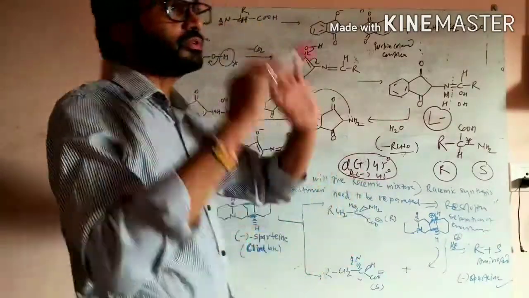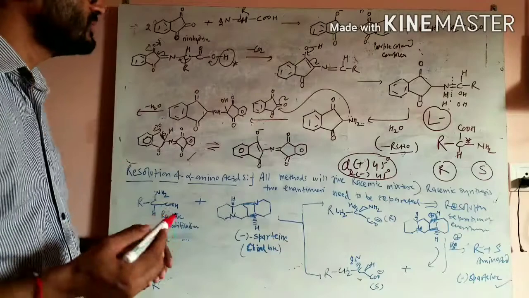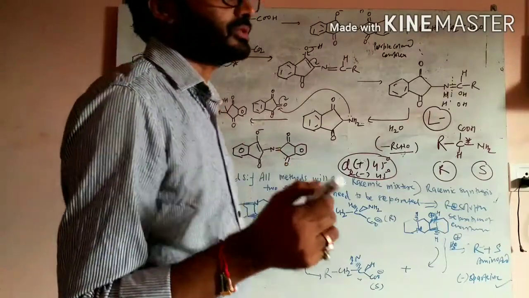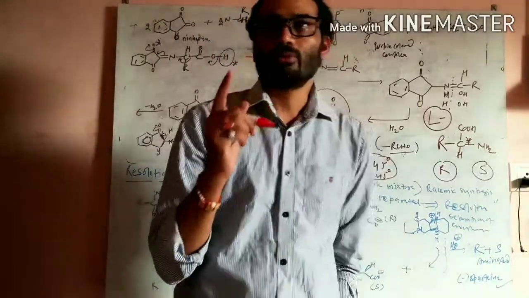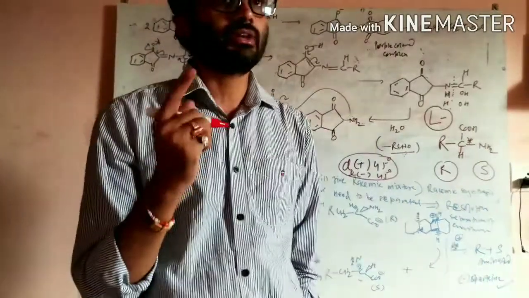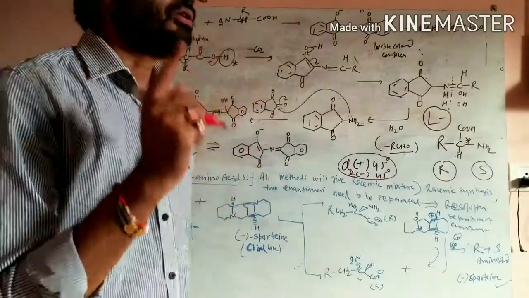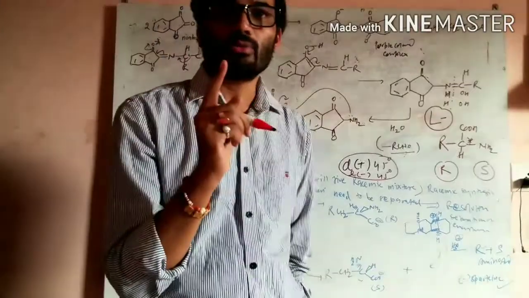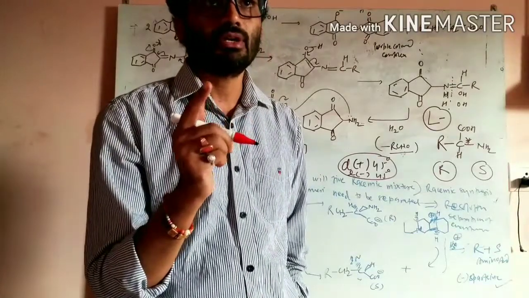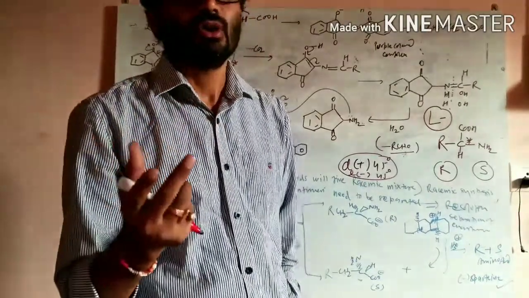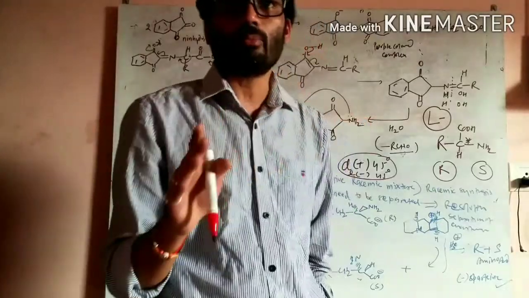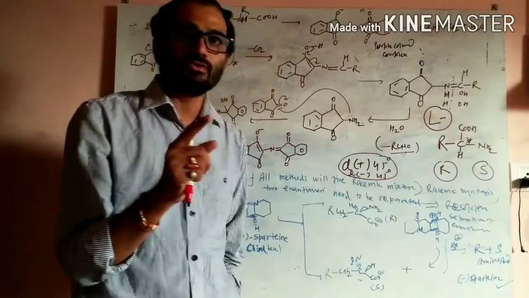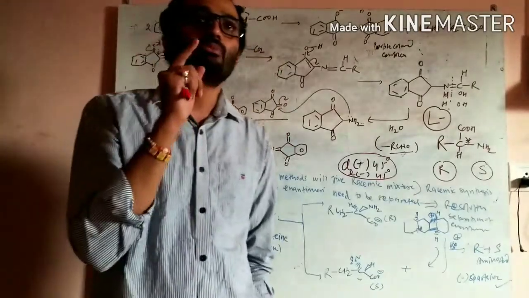Out of the many methods, we always use chemical resolution. Now what is chemical resolution? Here we use a property of optically active compounds. All enantiomers have the same physical properties except one, which is the action towards plane polarized light.